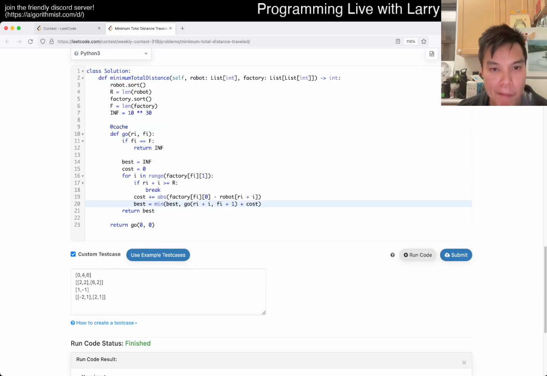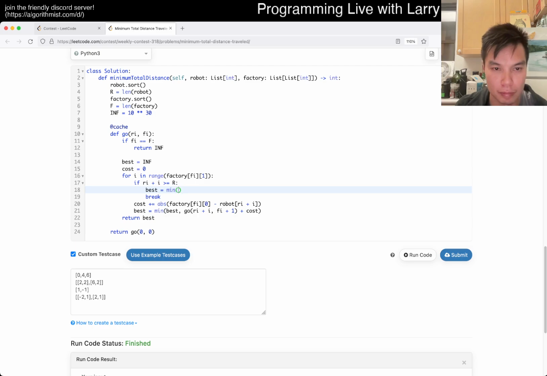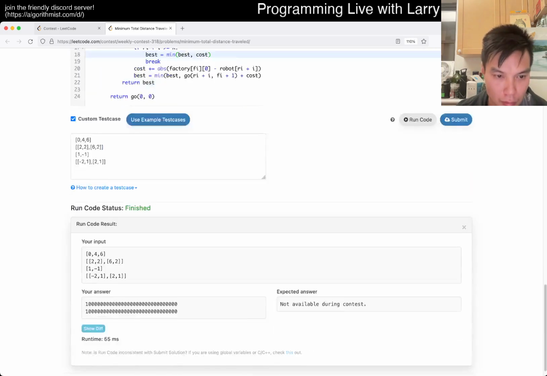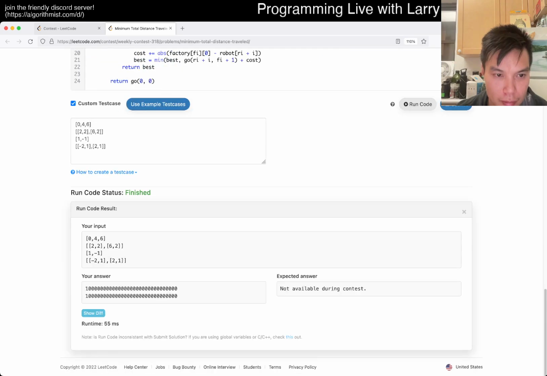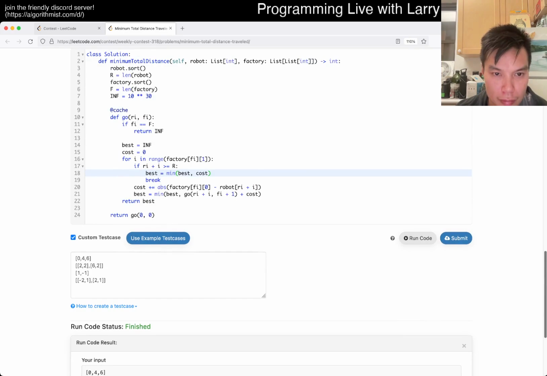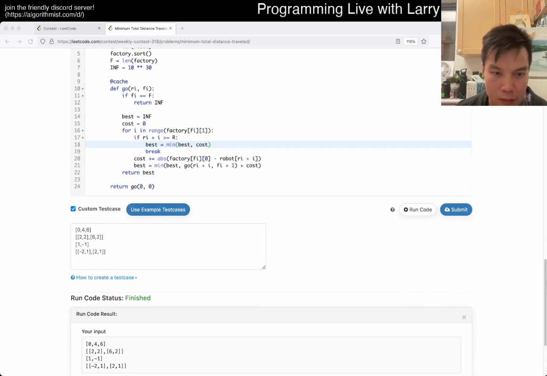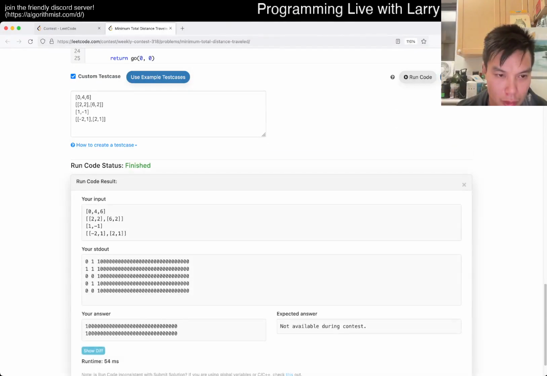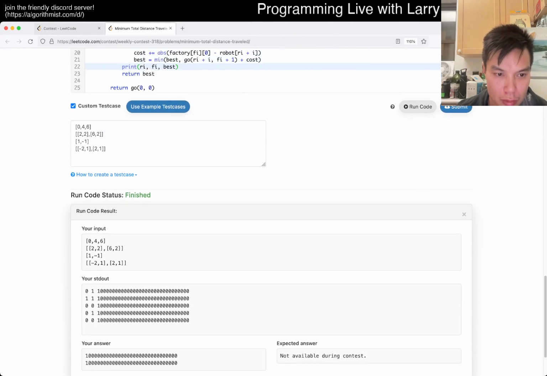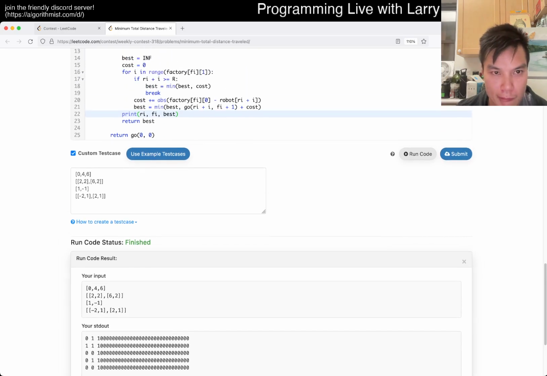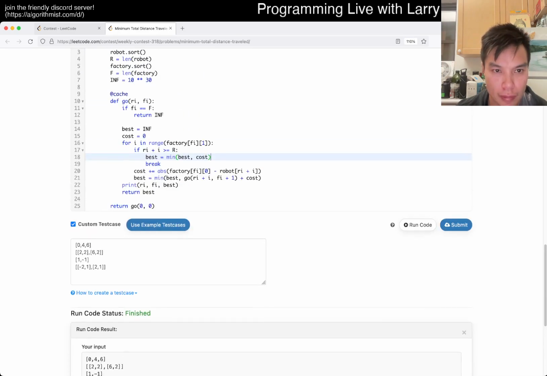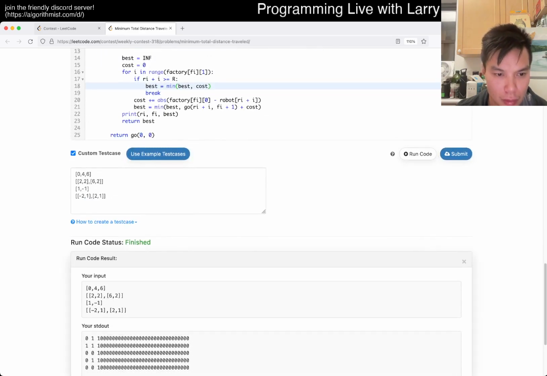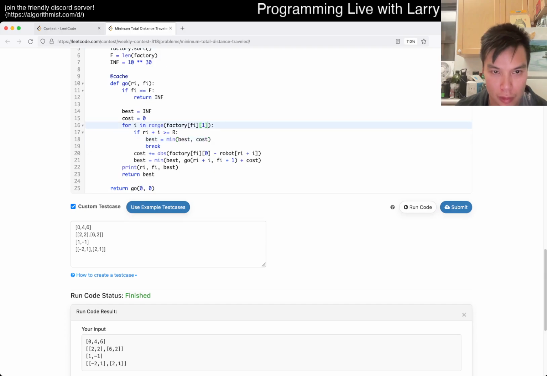That's not great. My base case is wrong. That's definitely not right. But this is just plus 1, is why.